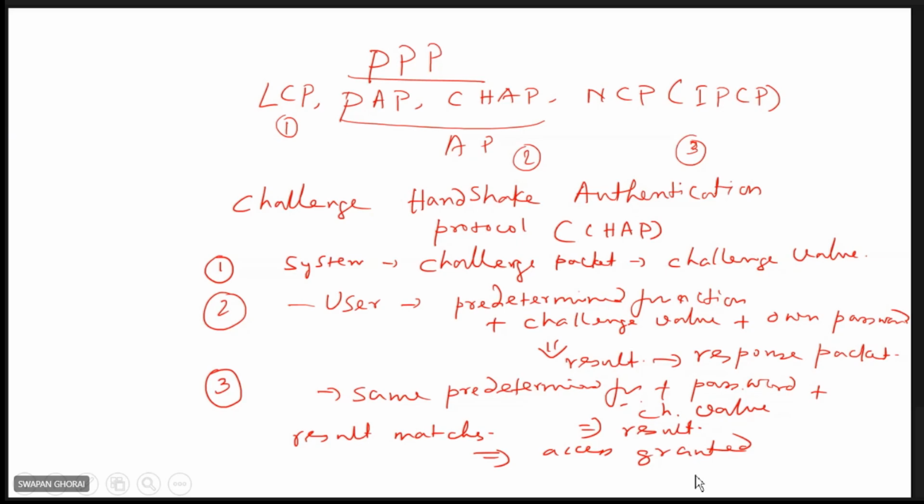So access will be granted. So CHAP is more secure than PAP. I think it's quite clear now. It is more secure than the PAP protocol, particularly if the challenge value is changed frequently.